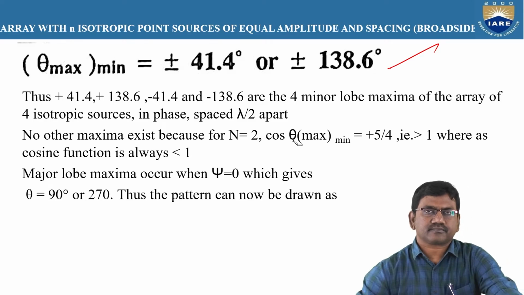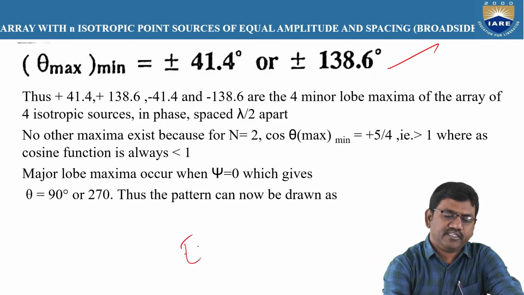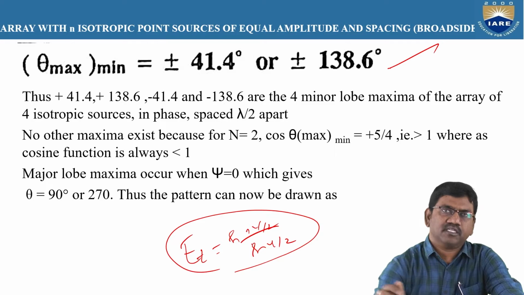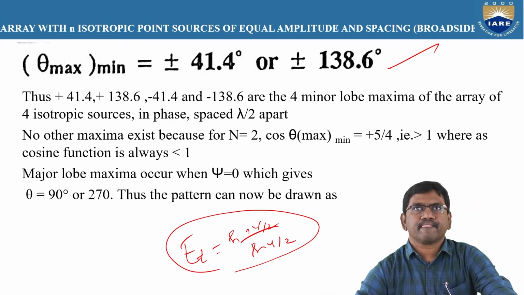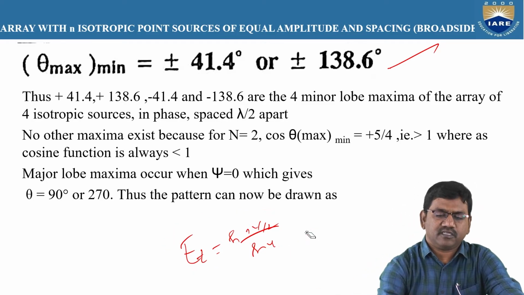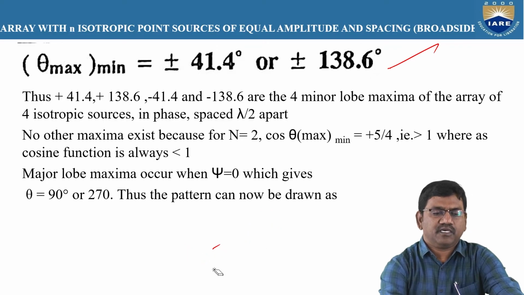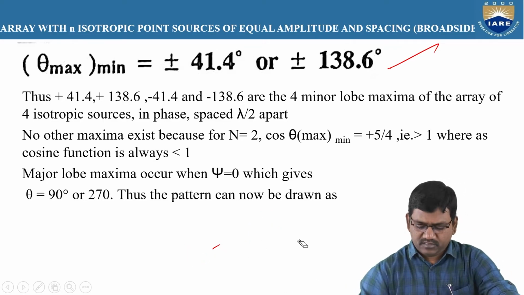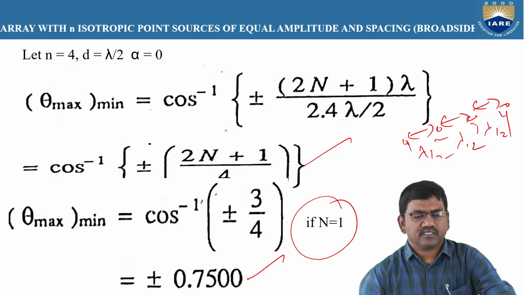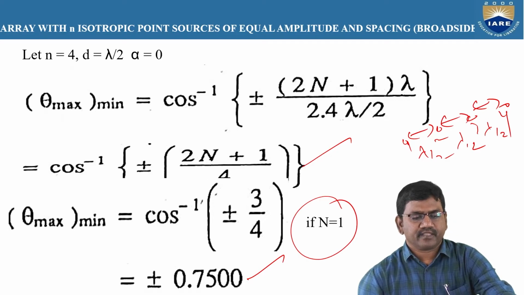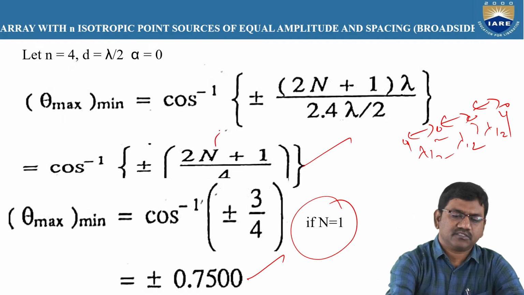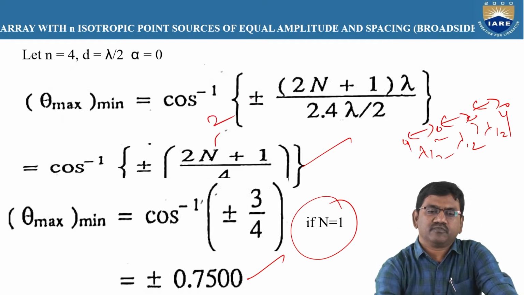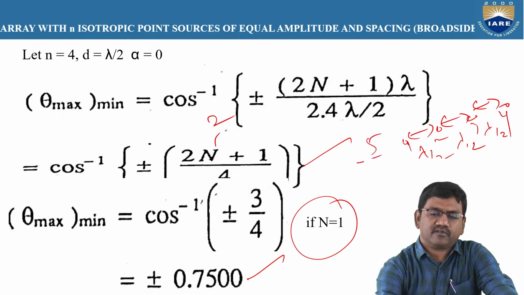Right? So based upon the expression E_t is equal to sin(n psi by 2) by sin(psi by 2), we can determine all the major lobe maxima and minor lobe maxima. From this expression you can also find out that no other maxima exists if N is equal to 2. Why? Because if you substitute N as 2, you will get 2 into 2, 4, 4 plus 1, 5, so 5 by 4.